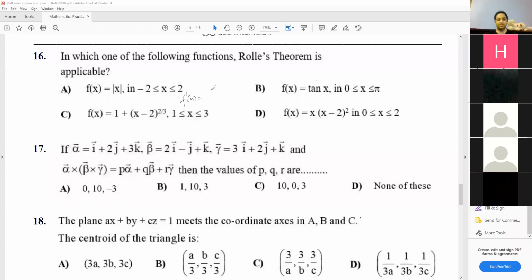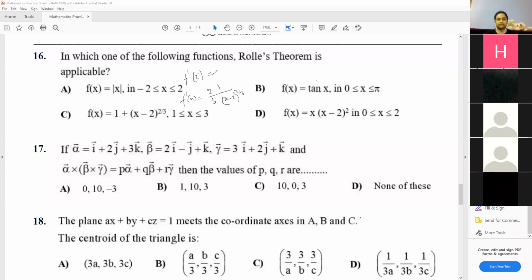2 by 3 minus 1, so it will become minus 1 by 3, so this will come: 2 by 3 divided by x minus 2 to the power 1 by 3. Right? So at 2, f dash x will not exist when you try to find the limit. What would be the value of f dash at 2 minus?